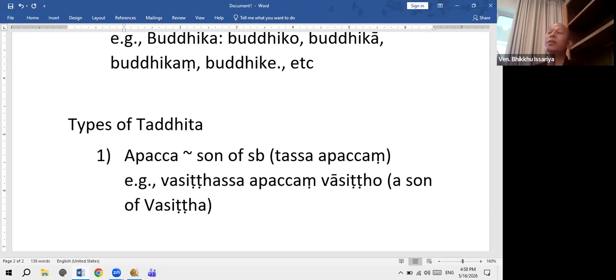Of course, if we say Vasittha, what does it mean? It should be plural or singular. Vasittho refers to the son, Putta. Vasitthi refers to the daughter, Dhita.